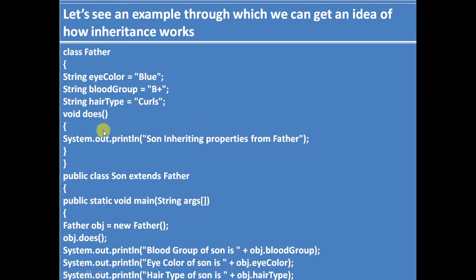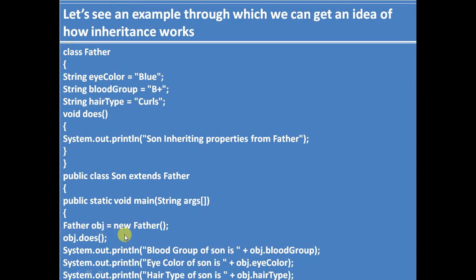Meaning we create a method in the parent class. Now we create a subclass Son that extends Father. Now what will happen? All these properties will be inherited in the child class. So the eye color will also be blue, blood group will be B positive, and hair will be curly. And the method is also inherited in the subclass.